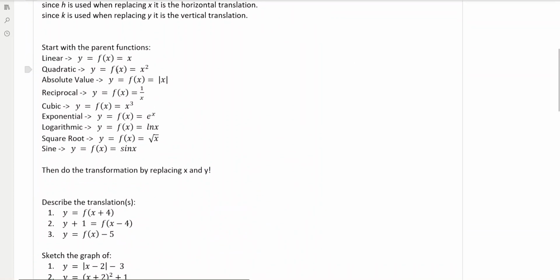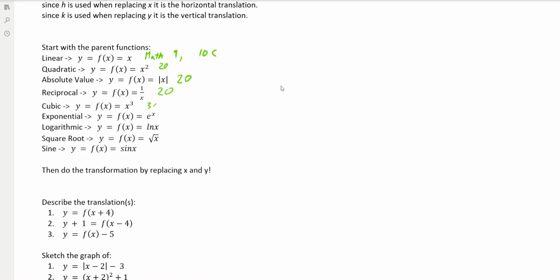Okay, so we start with some sort of parent function. I just listed a whole bunch here, but some of them you already know, as this is from Math 9 and 10C. This is focused on more in 20. This is focused in 20. This is in 20.